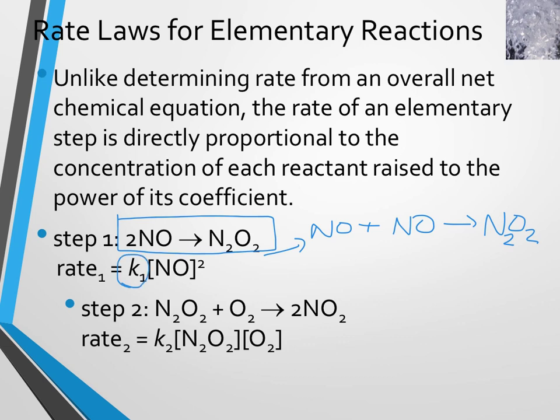So it's some rate constant times the reactants raised to the power of how many there are. Step 2, again, these are mechanistic steps, so that's the only time you can write a rate law directly from an equation. So the rate law for this second elementary step is some rate constant, we'll give it a different subscript to show it's for a different elementary step, times the concentration of all the reactants. There are only one of each of these, so the order of each is 1.